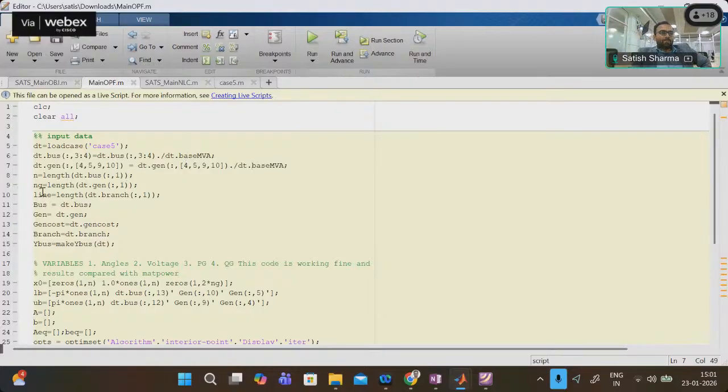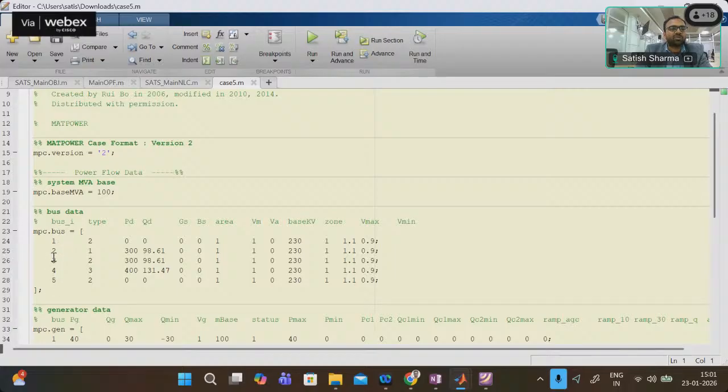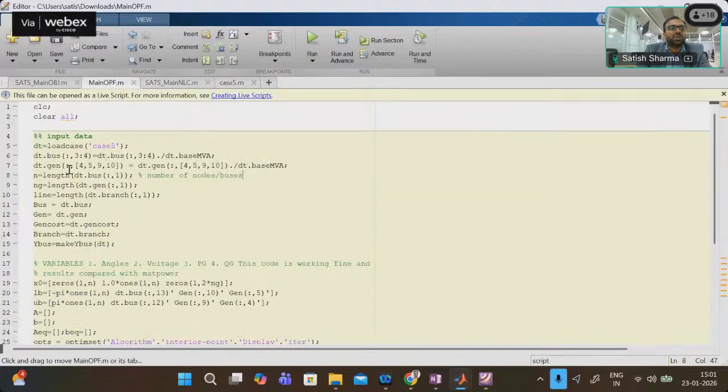Then here what we have done is we have obtained the number of nodes, or we can also call them buses. So this is the length of the bus matrix. Whatever is the length of this matrix, we can call it the number of nodes. I think earlier in the morning I used nodes in full, and now here I am using n only.